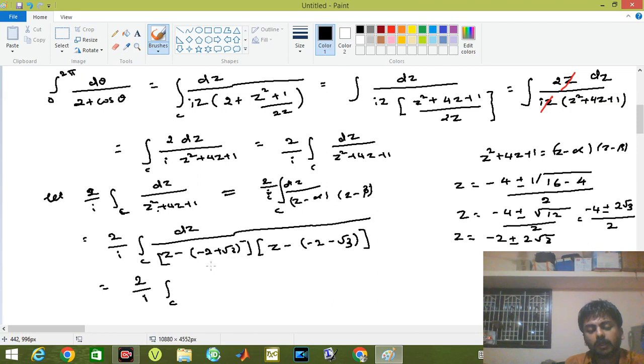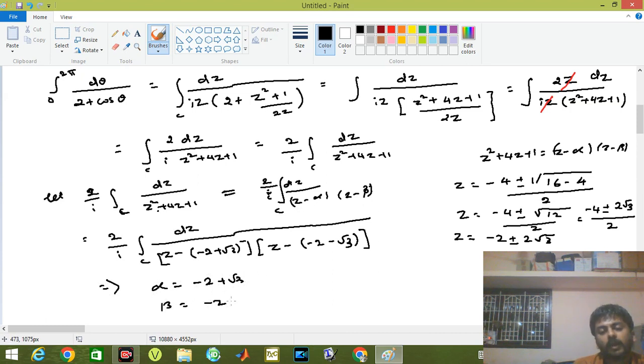It is not necessary to mention it once again, since we have already mentioned it in the above step. So we shall directly take alpha equal to minus 2 plus root 3 and beta equal to minus 2 minus root 3.